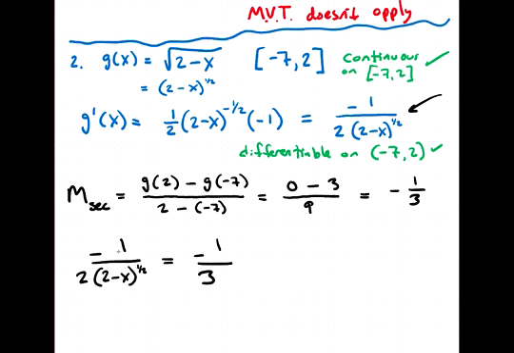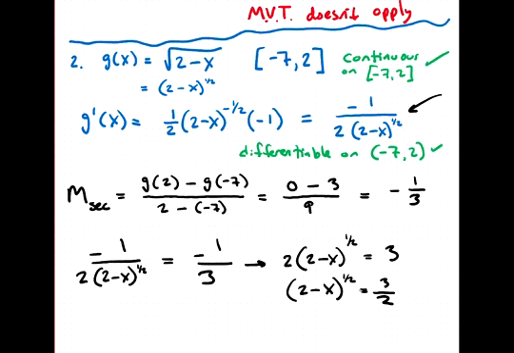So if the numerators are both negative 1, the denominators both have to be equal to 3. So 2 times the square root of 2 minus x has to be equal to positive 3. We can divide both sides by 2: the square root of 2 minus x is equal to 3 divided by 2.